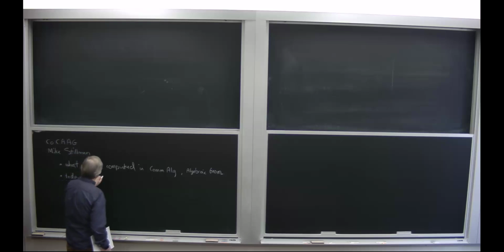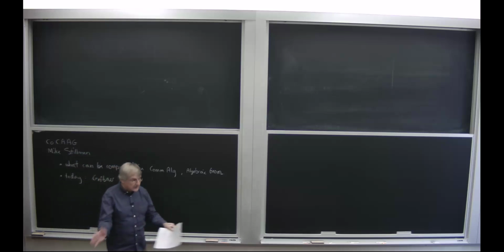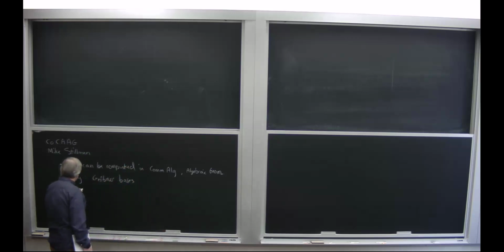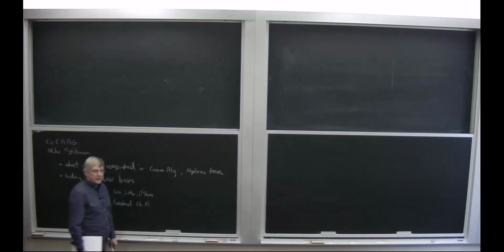Today, we're going to talk about Gröbner bases and their applications. We will not prove everything about this stuff. There are some good texts for this. I think Cox, Little and O'Shea is a pretty good one. Eisenbud's book on commutative algebra, chapter 15, is also a good introduction to this stuff.